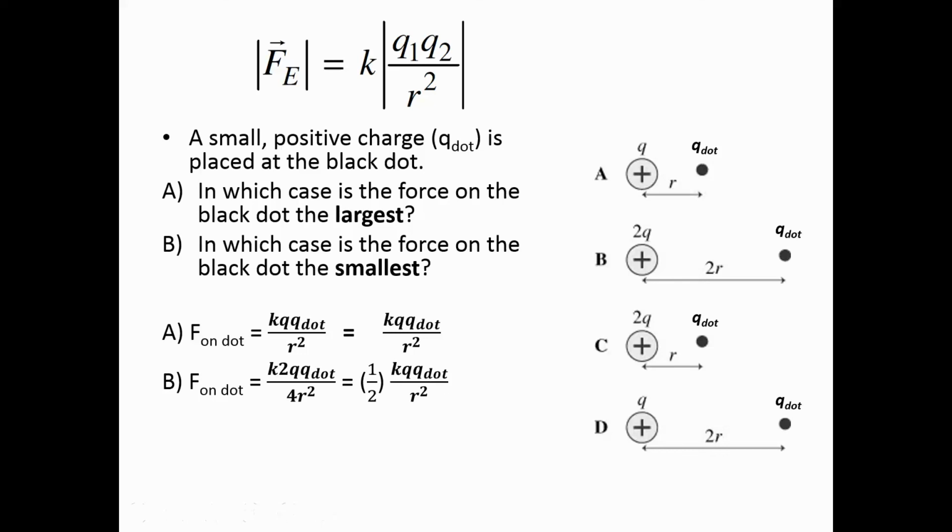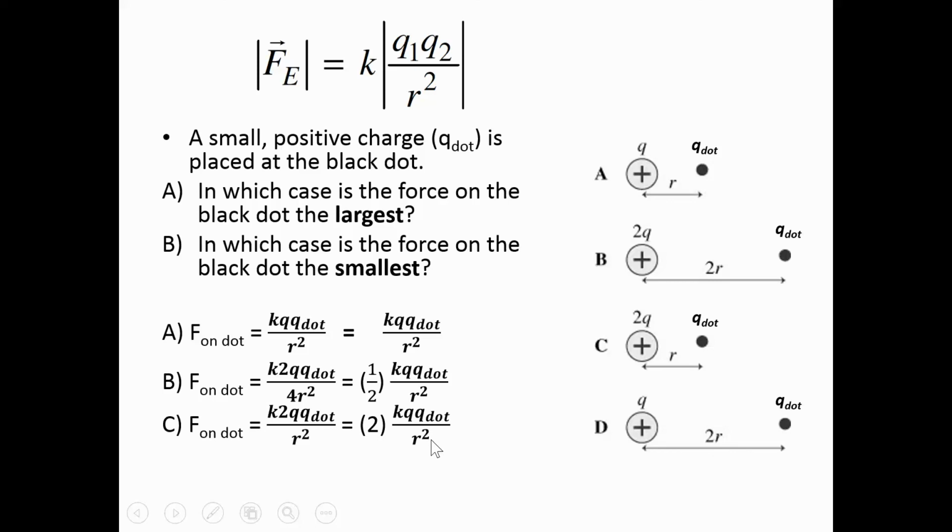In the third case, we have 2Q as our first charge and Q dot as our second charge. So our force will be K times 2Q times Q dot, and the radius is R, so it's over R squared. We can pull out this 2 because we want to make comparisons. So we'll pull out the 2, and we get Q dot over R squared.